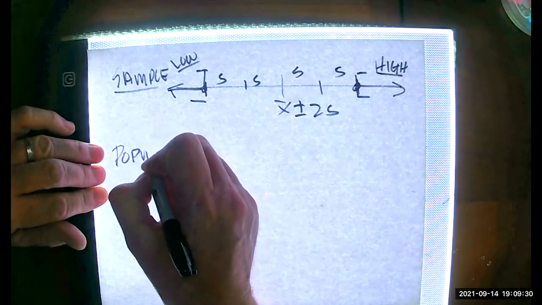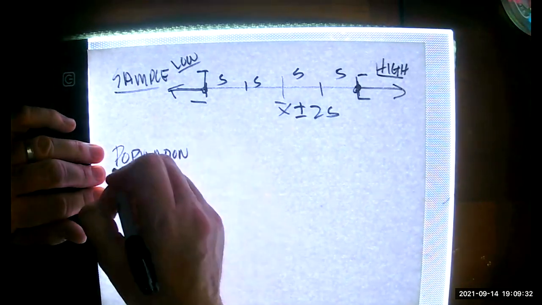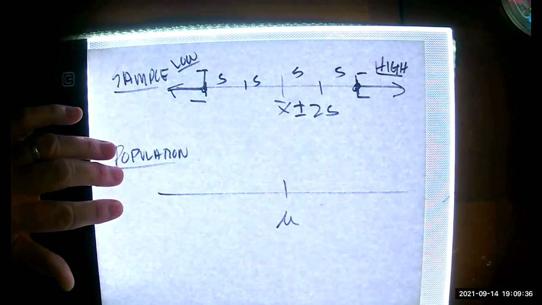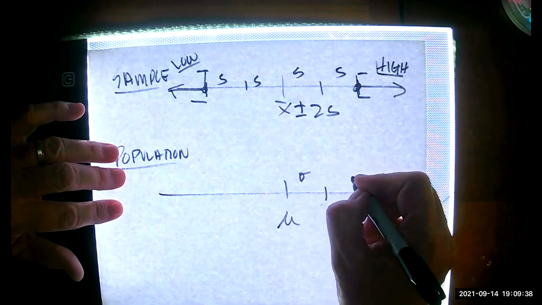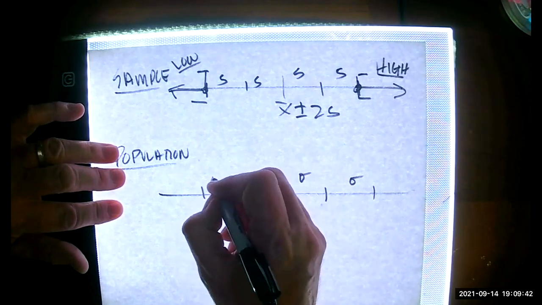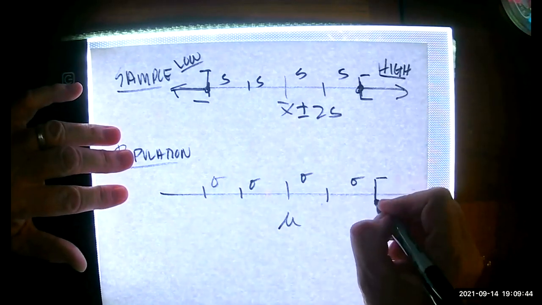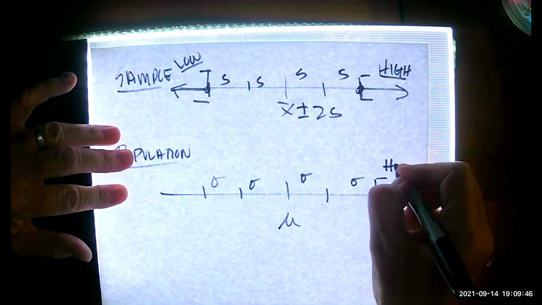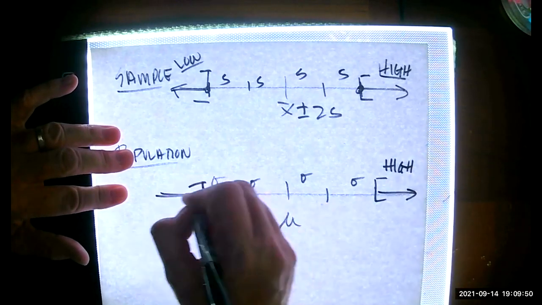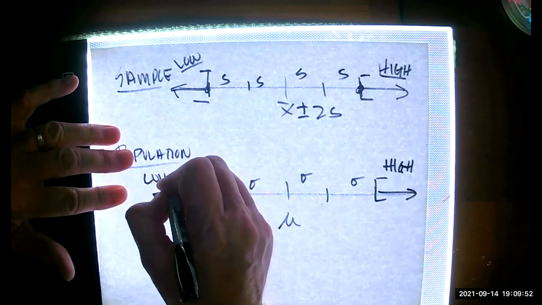For our population, very similar picture. We have mu for the mean, sigma for the standard deviation. It's 2 steps of sigma up, 2 steps of sigma down, high and low.